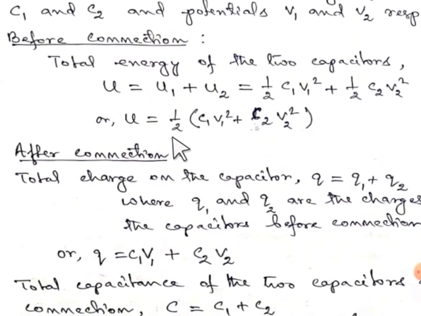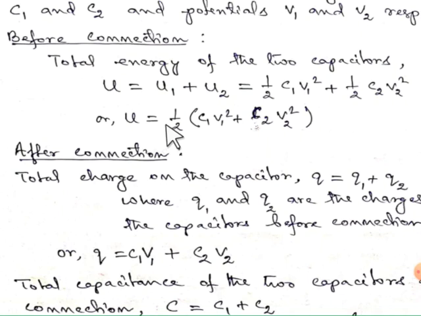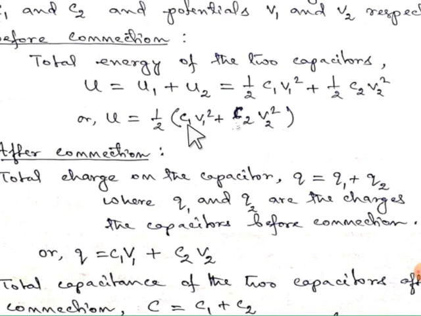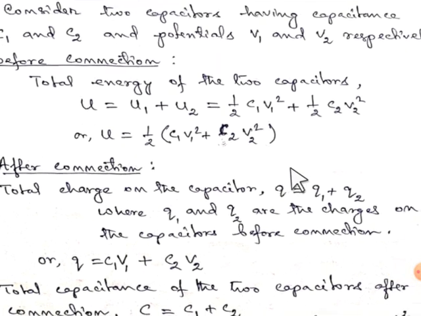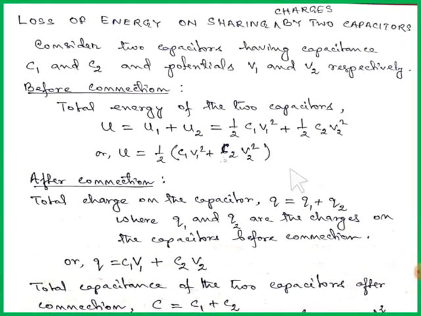Now what happens to the charge after connection? Q1 and Q2. Q1 is nothing but V1 C1. After connection, there will surely be a transfer of charge from one capacitor to another, because of the difference in potentials. It will flow from higher potential to lower potential, right?